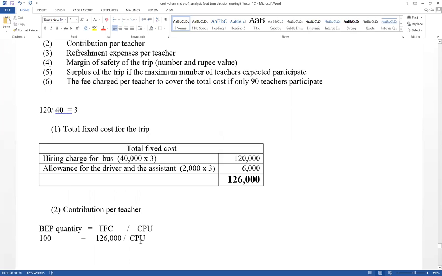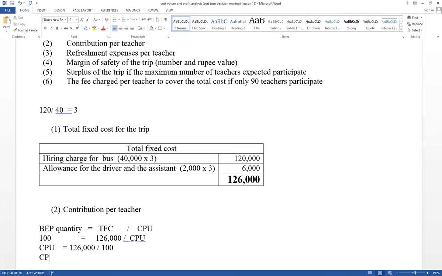Selling price is given, but variable cost is not given, so selling price minus variable cost cannot be calculated now. Now break-even point quantity is given and total fixed cost is calculated. Take this one to this side, and this one to the other side. Therefore, contribution per unit equals 126,000 divided by 100.